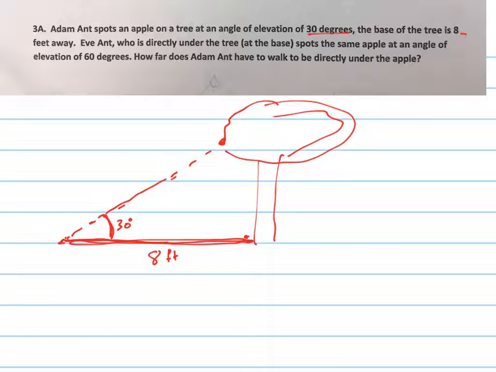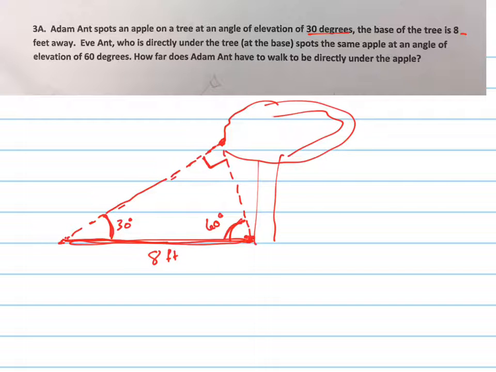Because Eve is here, directly at the base, and she's looking up here, and her angle of elevation is 60 degrees, which is nice, because 30 plus 60 means this angle right here is 90, because that makes a triangle. They're both looking at the same point. And so you can solve that question.